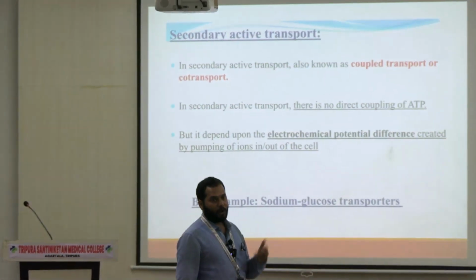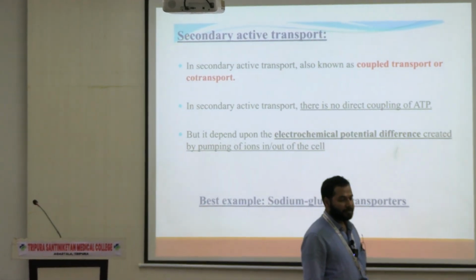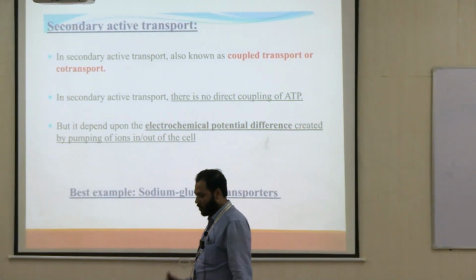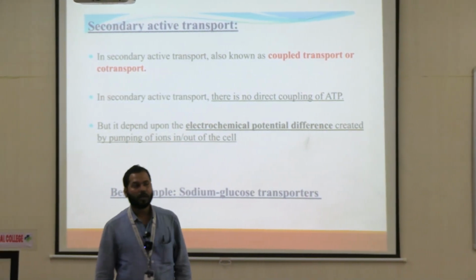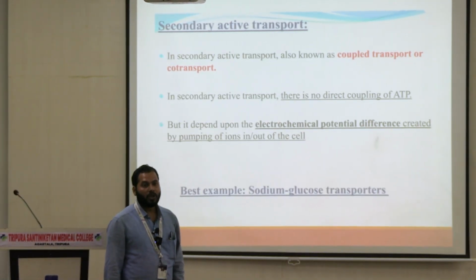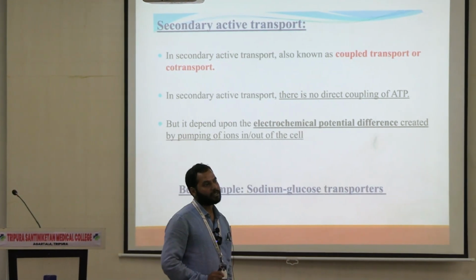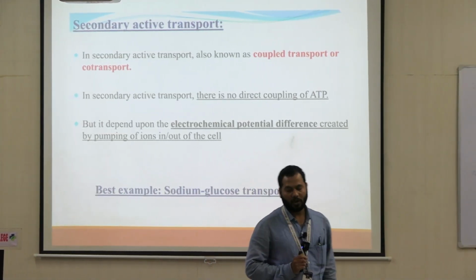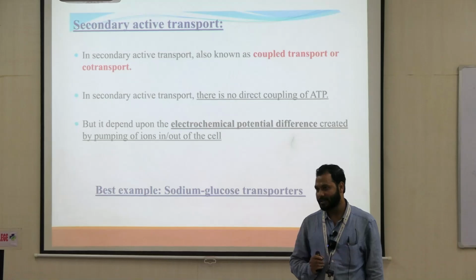Another important pump that also acts in primary active transport is the proton potassium pump. I have not mentioned it here. Now we come to the second part, called secondary active transport. So what is the basic difference between primary active transport and secondary active transport? Both are active transport processes.